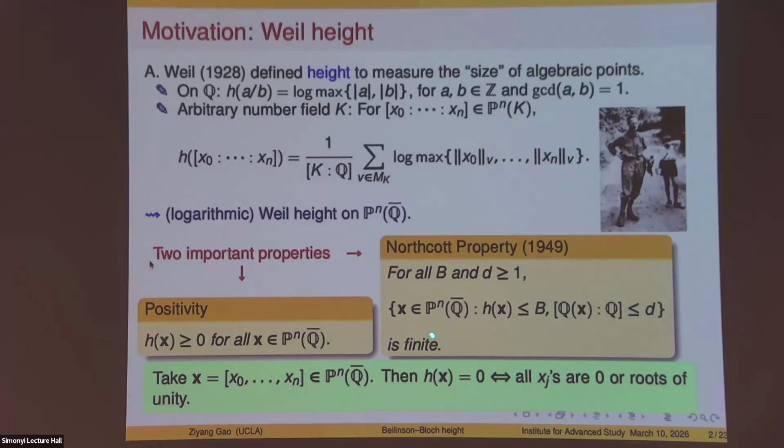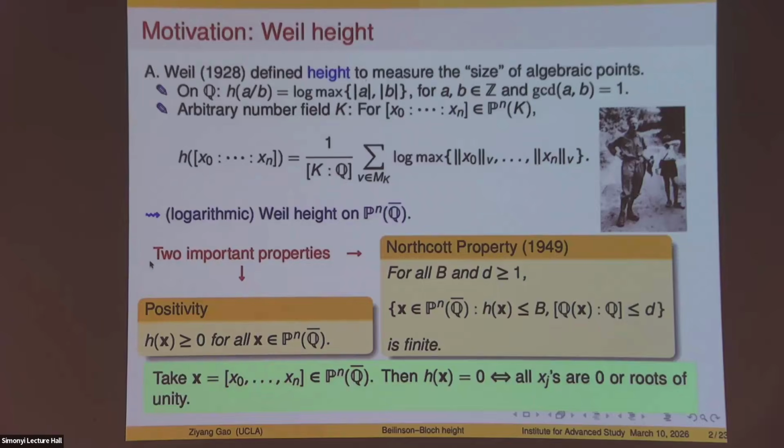This is the Northcott property. Again, this is not hard to prove, but many different finiteness results can be reduced to this one or use this one to prove. And in this particular case, we also have a very nice characterization of all the height 0 points. They are exactly the points where the coordinates can be chosen to be either 0 or roots of unity. So this is the Weil height on P^n.